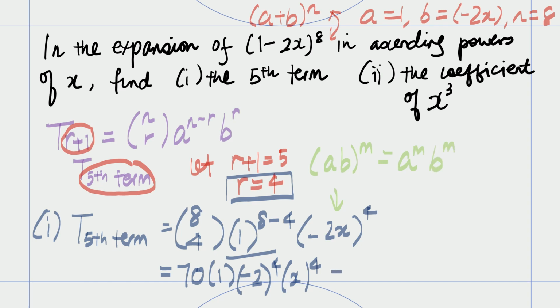Alright, you simplify it, you will have 70 times bracket negative 2 close bracket to the power of 4, 1120. Okay, so the fifth term in the expansion of (1 minus 2x) to the power of 8 is 1120x to the power of 4. So can you see how powerful this general term is?